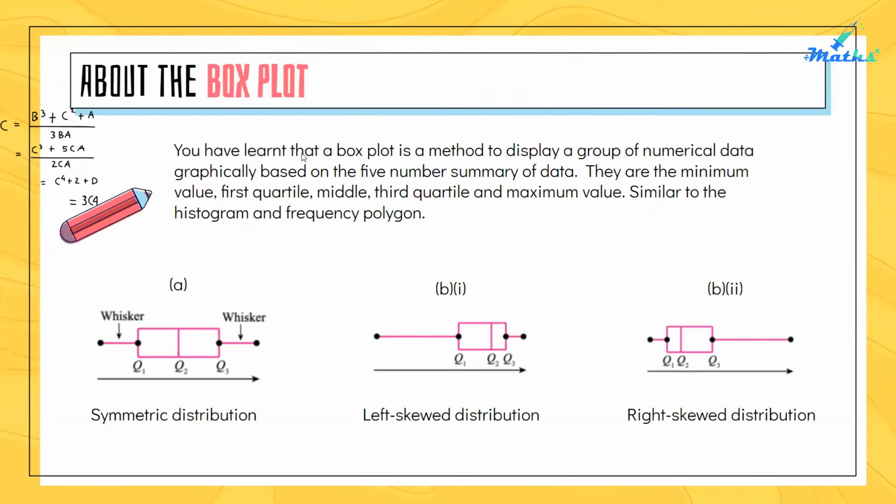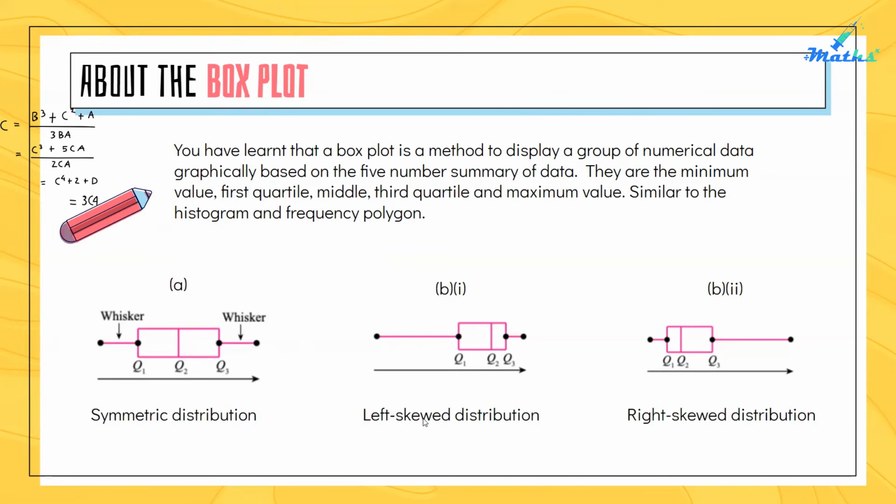For the box plot, we have learned that a box plot is a method to display a group of numerical data graphically based on the 5-number summary of data. They are the minimum value, first quartile, median, third quartile, and maximum value, similar to histogram and frequency polygon. A is the symmetric distribution, because Q1, Q2 and Q3 are at the middle, and the left and right are the same length.